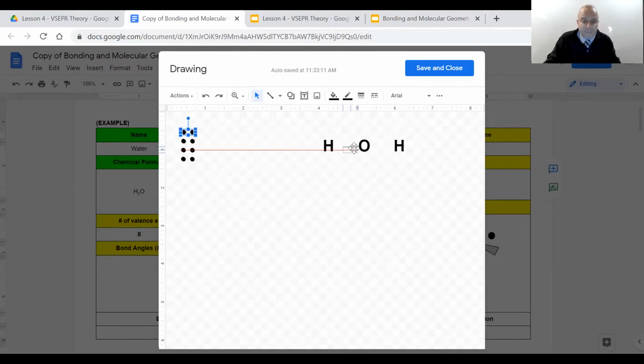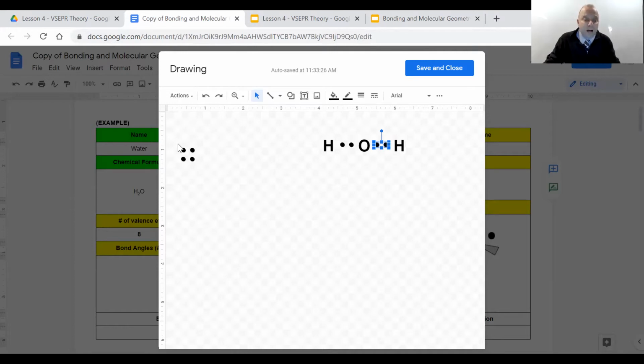So let's take a pair of electrons and move these in between the oxygen and hydrogen atoms. That basically is forming our first bond there. So there's a bond now between hydrogen and oxygen. Hydrogen cannot support more than 2 electrons, so the most you will ever have for hydrogen is 2 electrons.